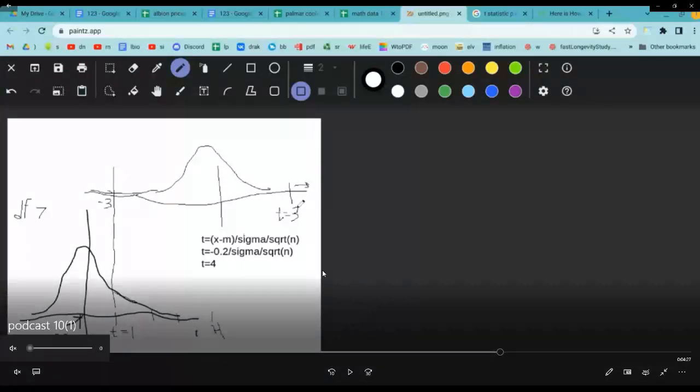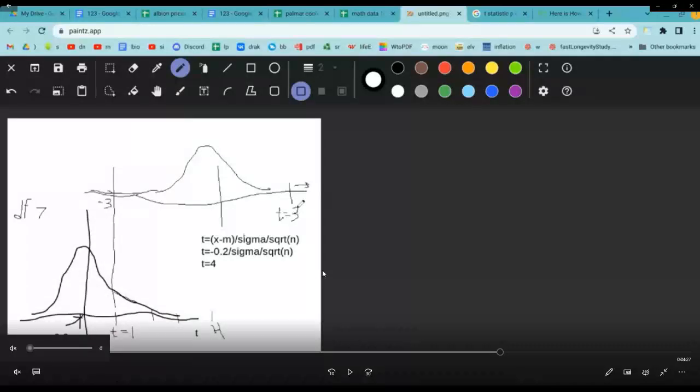But that's in normal units. Here our units are t values on the x-axis. Isn't that kind of like what we want to do?